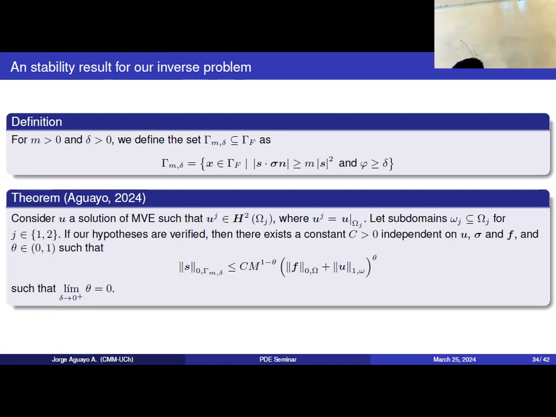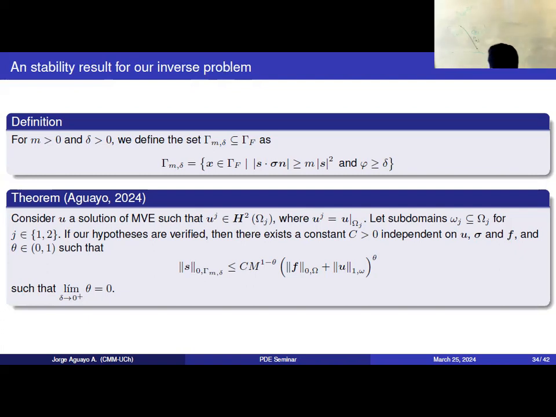And we can obtain a recovery of gamma F in this little range, not in the entire gamma F, but in a very big portion, following this inverse inequality, but theta is not equal to 1, theta is tending to 0. So it's like a Hölder inequality, but not the one that we can expect. But it's very similar to other inequalities that we can obtain in other inverse problems.